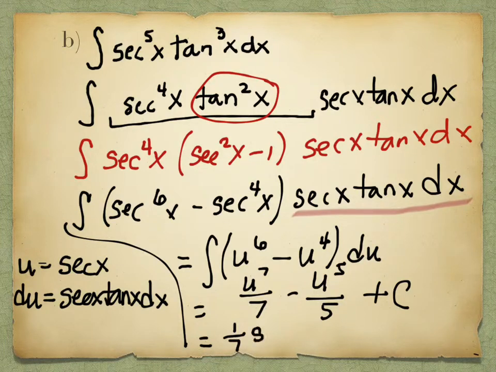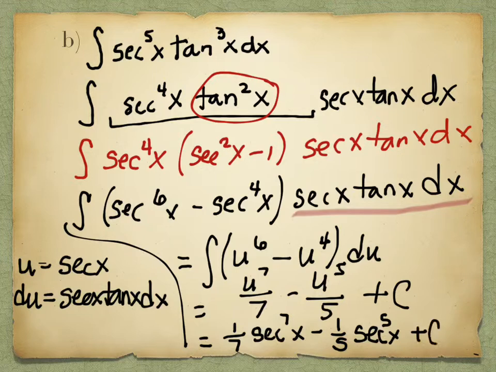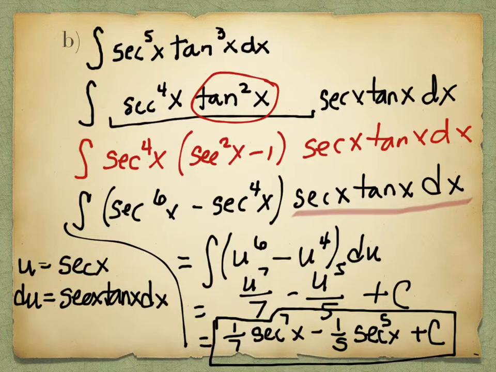This is 1/7 secant to the 7th of x minus 1/5 secant to the 5th of x, and then plus c. You can still leave them as division if you want, but I'm out of space. Is that okay?